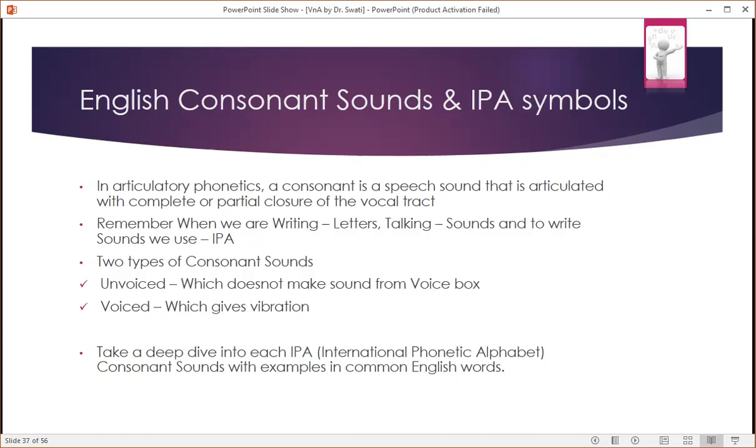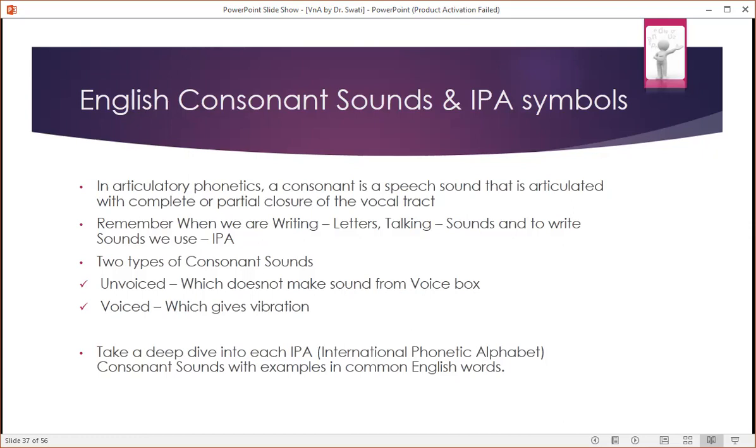So there are two types of consonant sounds. One is unvoiced and the second is voiced, right? So unvoiced are those consonants which do not make sound from the voice box.